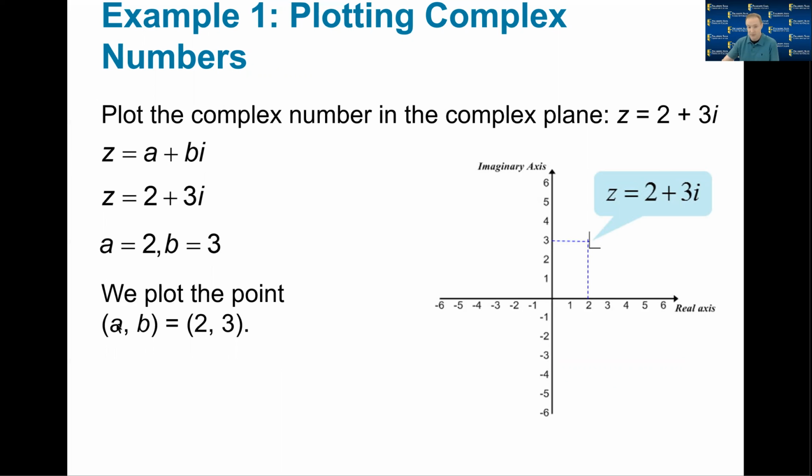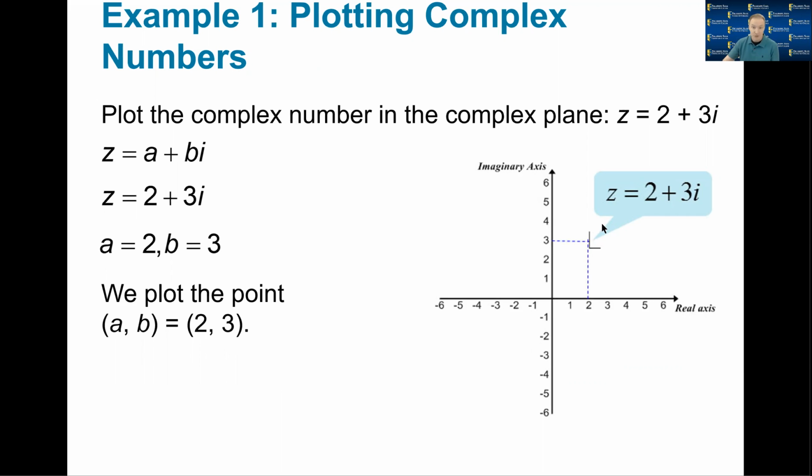So we're just going to plot the ordered pair 2, 3, just as we would any ordered pair. You just say the y value is going to become the imaginary value. Other than that, you just say x is 2, y is 3. You'd plot your point right here. My arrow is a little off there. It's supposed to be up here. But you would just say that's your point in the complex plane.